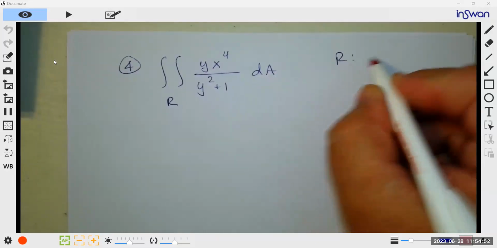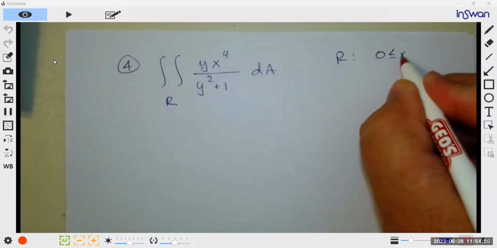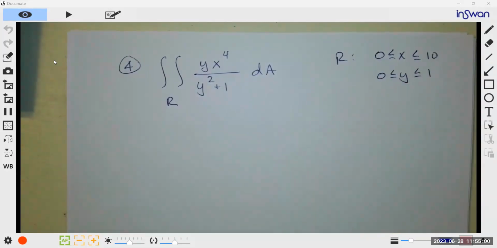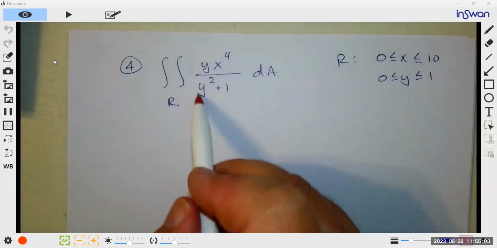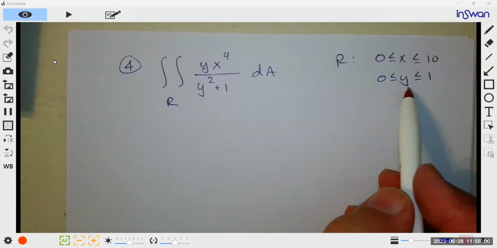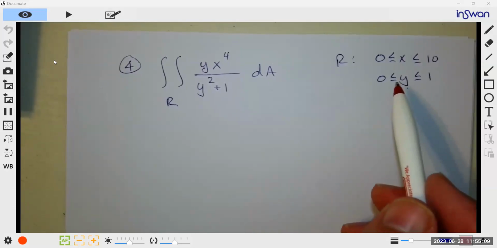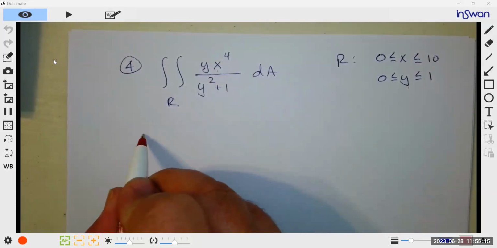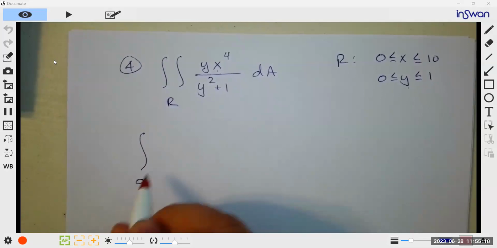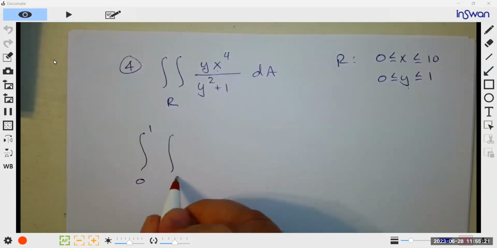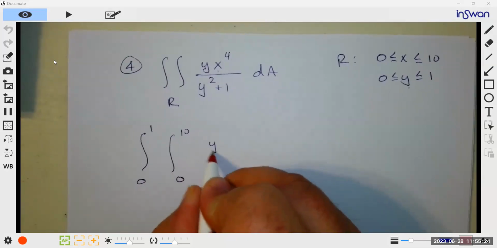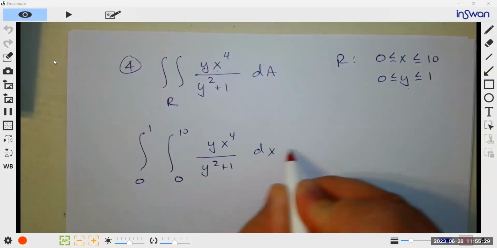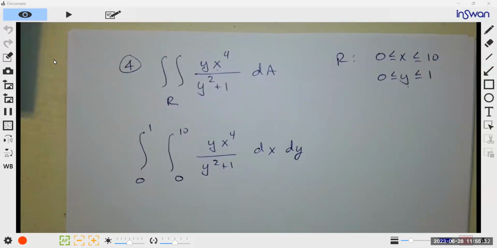Where the range is from 0 to 10 on the x, 0 to 1 on y. Since we have a whole bunch of y's, that will save for the next round. Right now, I would want to integrate with respect to x first. So the outer one is going to be the y, and the inner one is going to be the x dy. That's Fubini's rule.